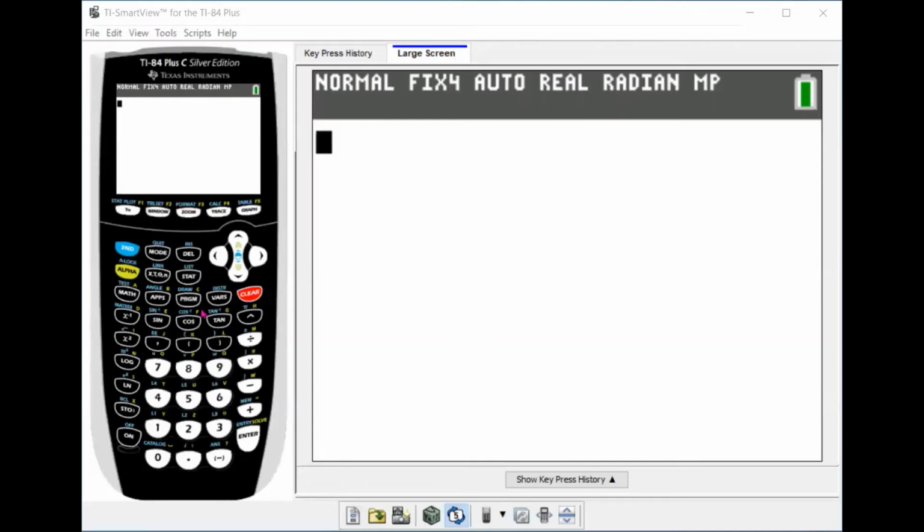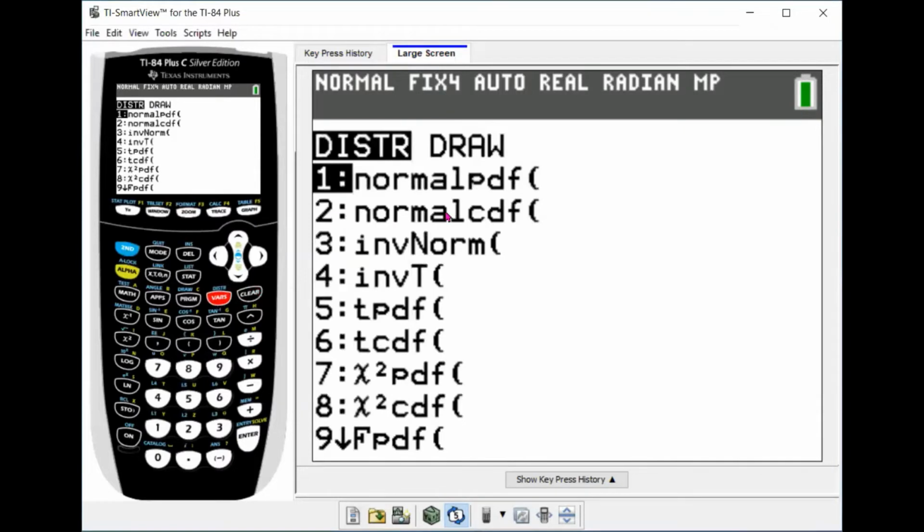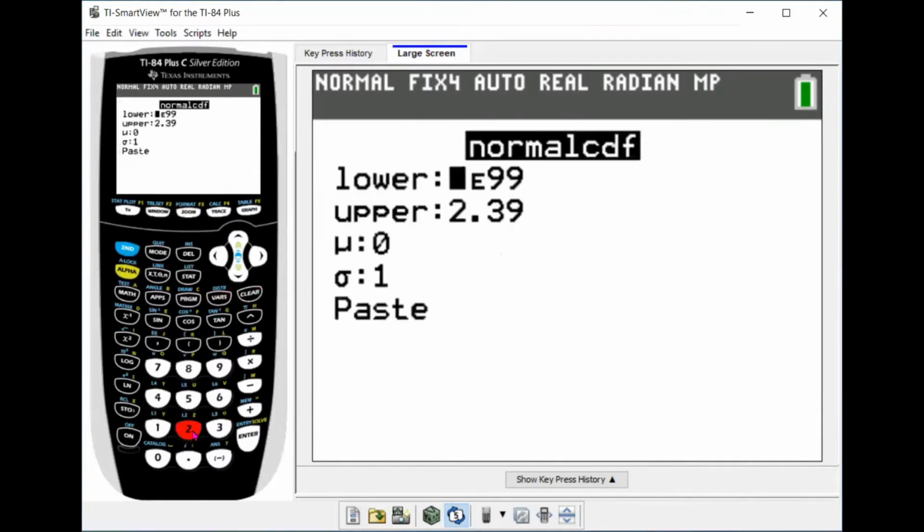Okay, here is my TI-84 calculator. We go to second, then vars, and number 2 for normal CDF. Lower boundary is negative 2.55. So we use this negative sign, negative 2.55. Upper limit we have is positive infinity. So E99, if you press second and comma, there'll be E, then 99, that's positive infinity.